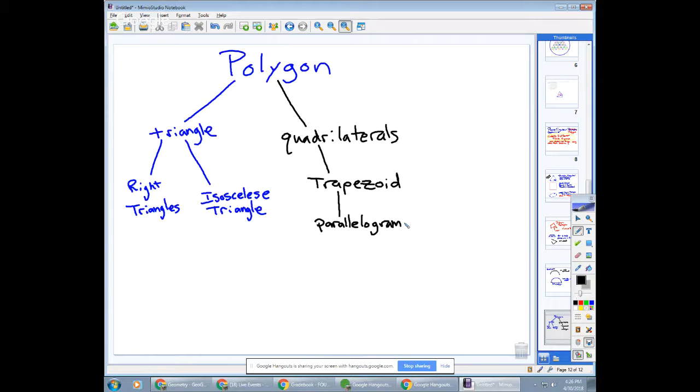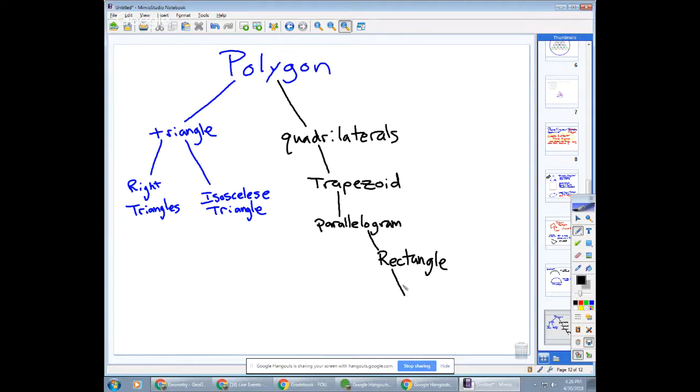So can you tell me some other parallelograms? Is a rectangle a parallelogram? Yep. Parallelogram with right angles. How about a square? It's a rectangle too.